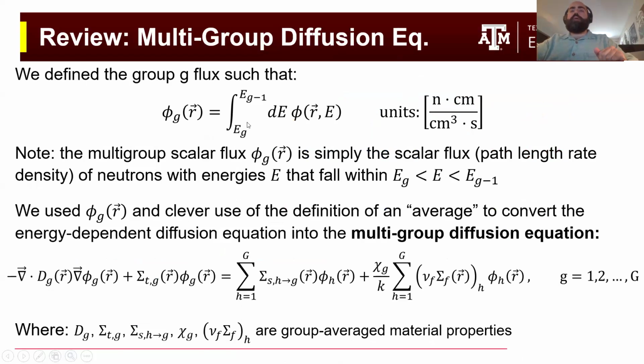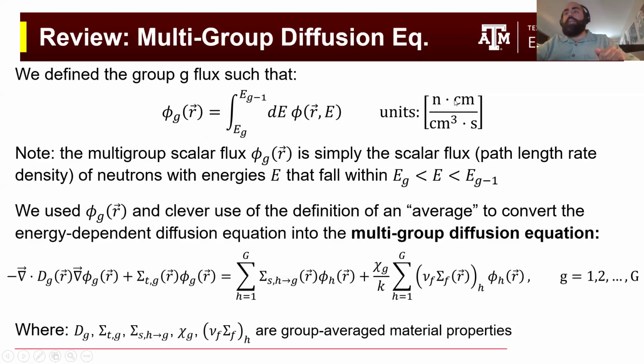And this is just reminding us how we averaged the flux over each group. We basically defined each group flux as the energy dependent flux averaged over some energy group. So this is the flux of neutrons with normal flux units, neutron path length per unit volume per unit time.